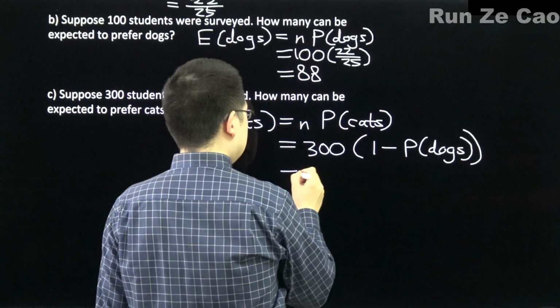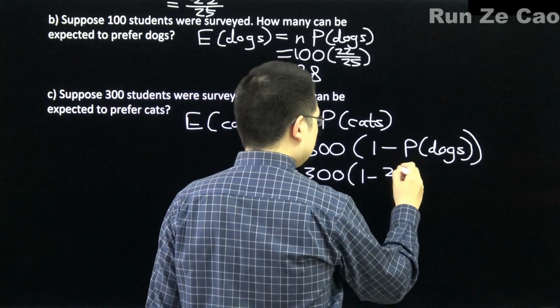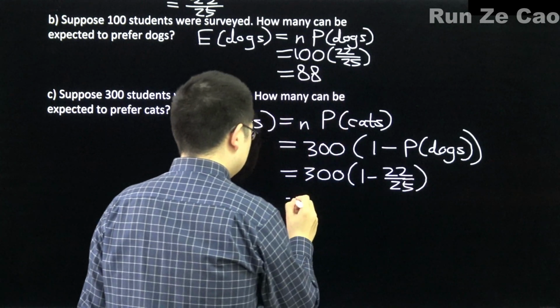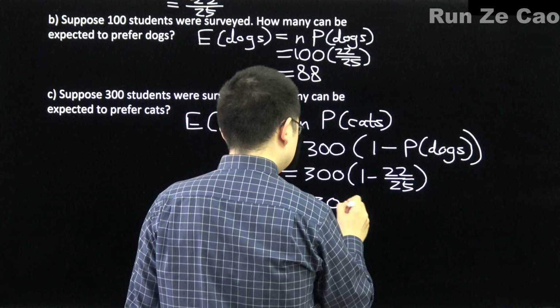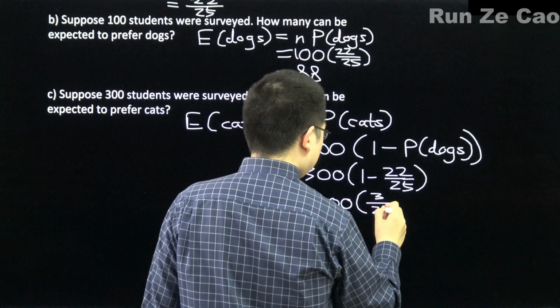Well then, it's going to be 300 times 1 minus 22 over 25, or 300 times 3 over 25.